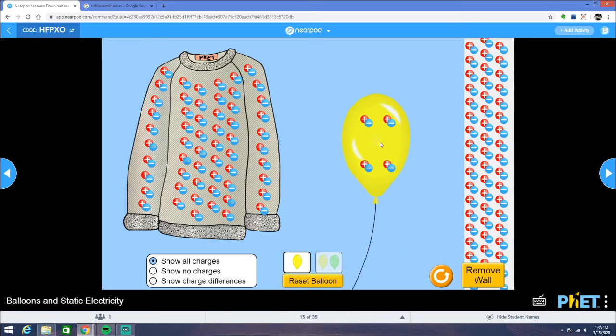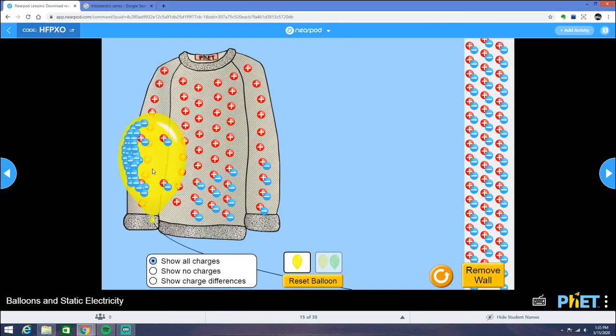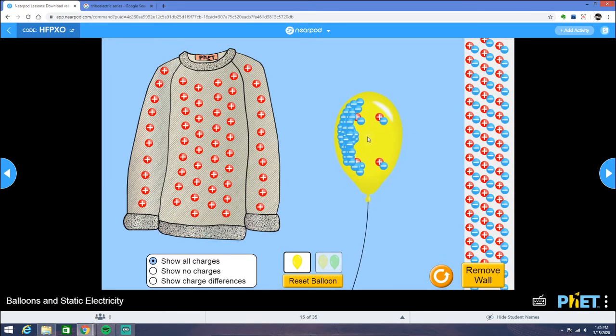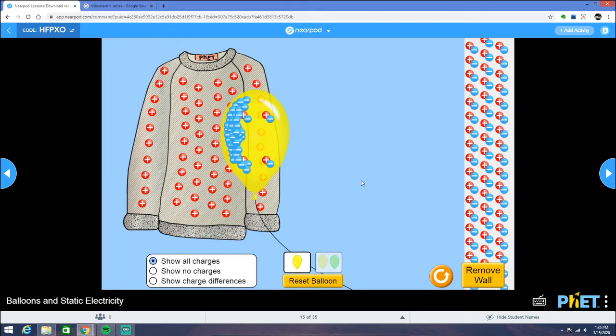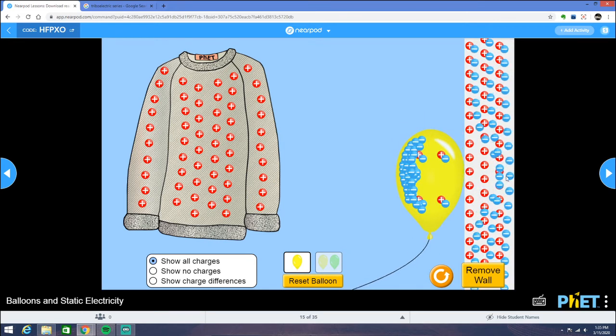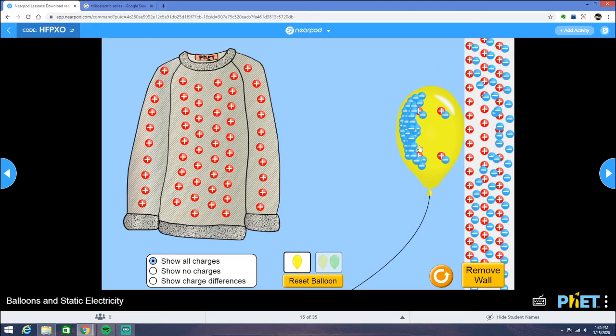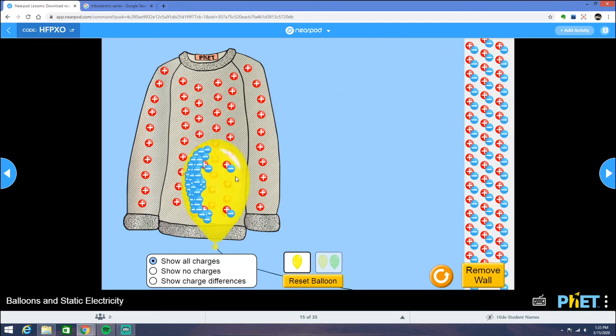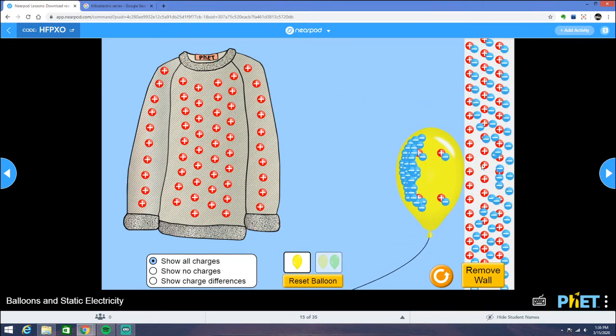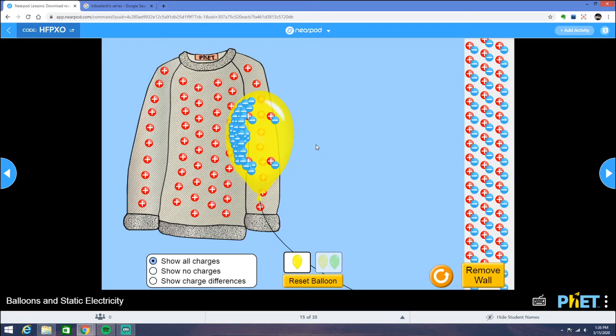The balloon is not being attracted left or right to the sweater or to the wall. But again, we rub the balloon on the wool, I place it right here, you see how it's attracted to that wool shirt, and the negative charges, the electrons, repel. It doesn't want to be close, and that's what you see right here.